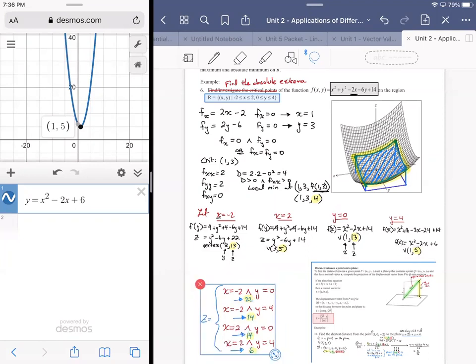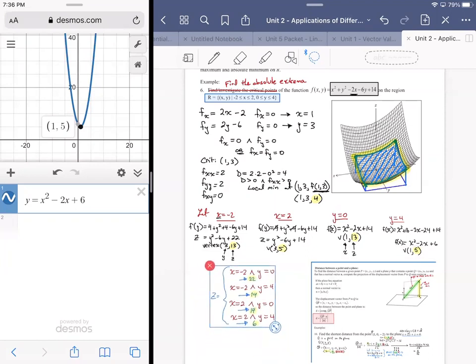Hopefully that didn't happen, but if we can assume that most, if not all of these numbers are right, we now know that the absolute minimum is at 4, right? Because that's the smallest z value, and the absolute maximum, the largest number I see here out of all the possible z values, appears to be that 22.